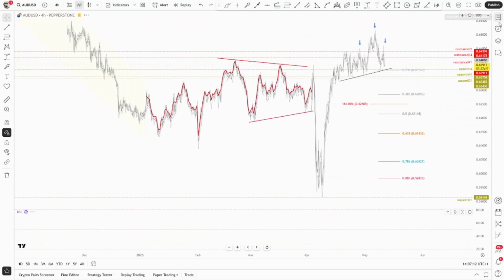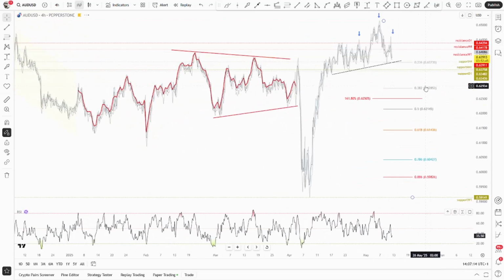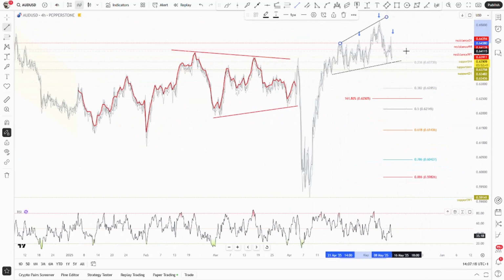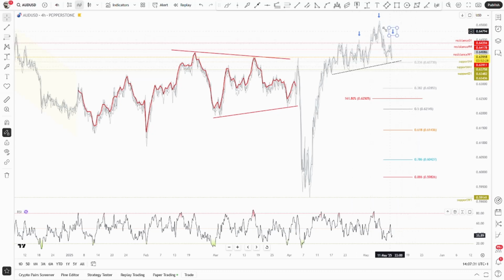The Aussie also pushed to the structure support of that ascending wedge that we called your attention to last week, a push to the support levels, and we saw a bounce. That bounce, in terms of visual patterns, is not confirmed yet, but we may see this as a potential head and shoulders pattern formation.